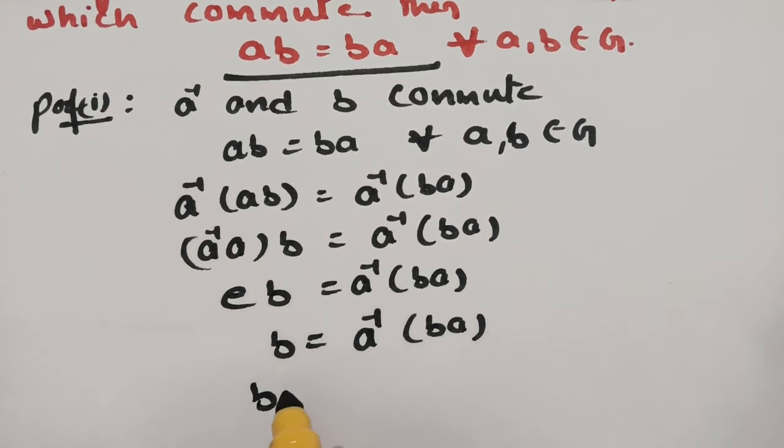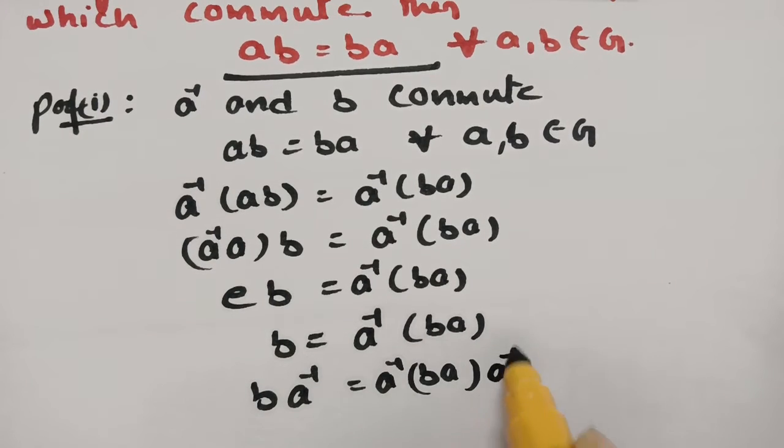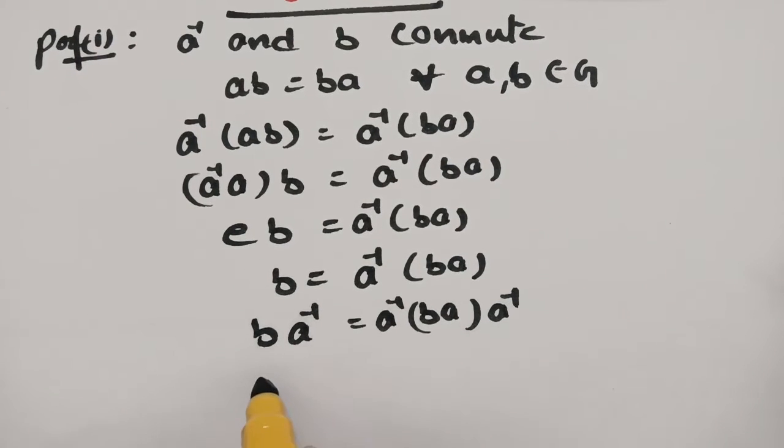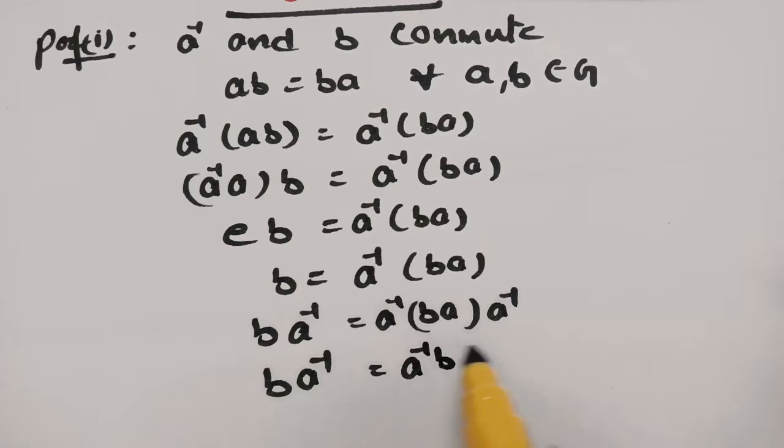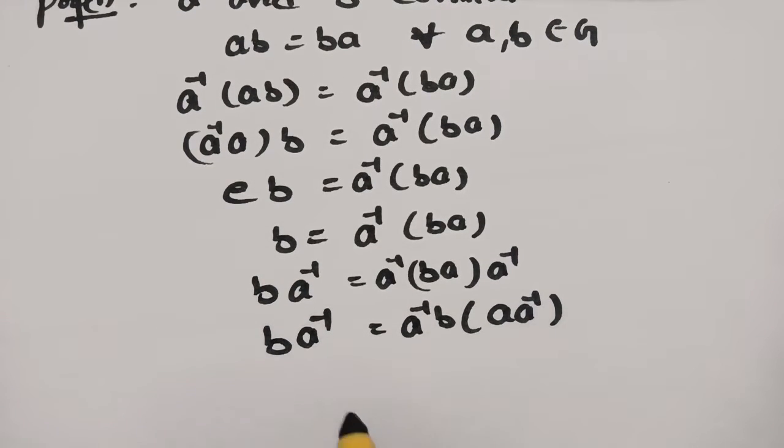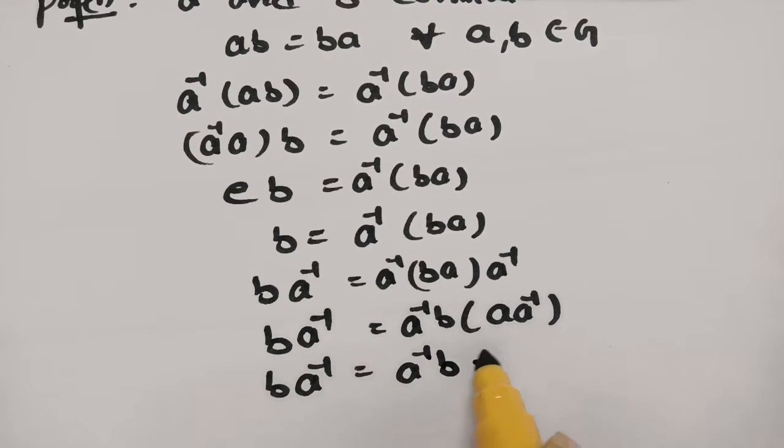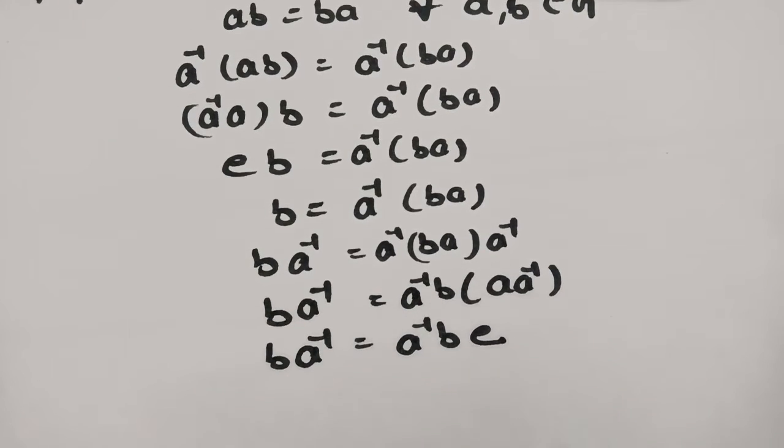Now this time I am multiplying with A inverse from the right-hand side. So this is B into A inverse is equal to A inverse into B, since A into A inverse is E according to the inverse law.